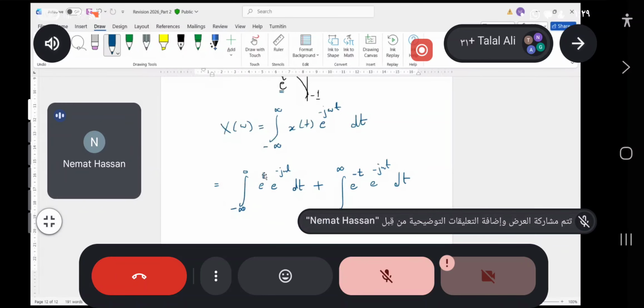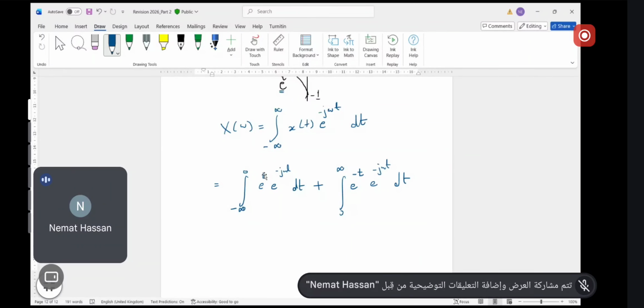We have the same base, so we'll just add the powers, so it becomes a more simple function. From minus infinity to 0, we have e power t plus j omega t, right? Or t minus j omega t. This is the common term, right? We can also take t out, and we'll say 1 minus j omega multiplied by t.